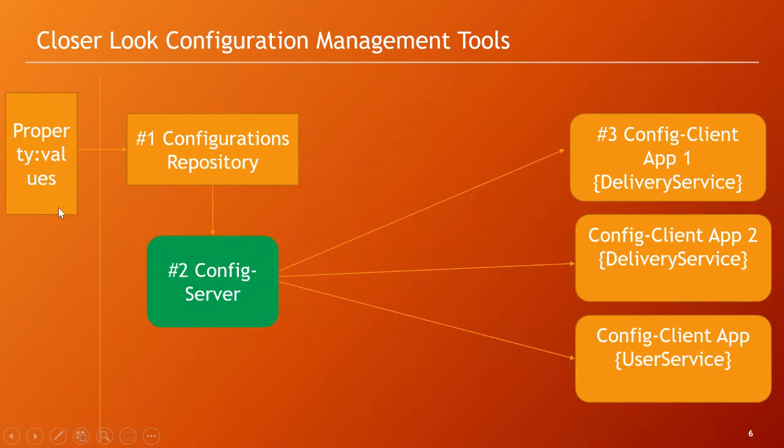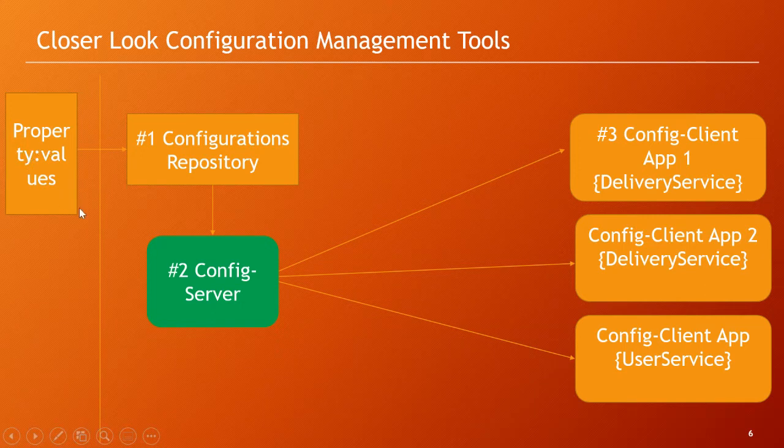As I told, a Spring Boot application or Java application uses some property files where it stores all the configuration for a set of environments or for a particular application. For that purpose, we can create a separate repository. Repository means either a Git repository or an SVN repository, or we can even go with a Vault kind of system, where we can store all these properties.